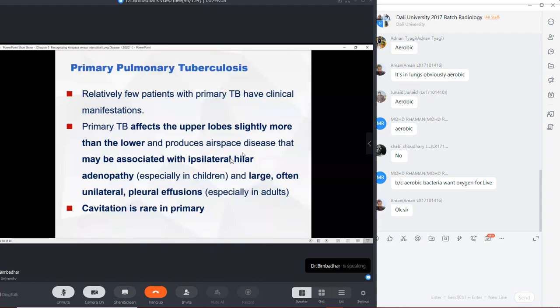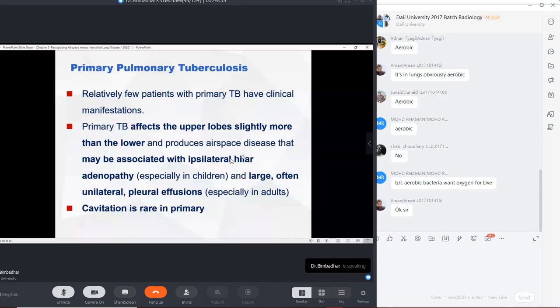Lymphadenopathy is visible on a chest X-ray only if the gland is more than 1.5 centimeters. Always remember, lymph nodes are not seen on a chest X-ray. Only if it is greater than 1.5 centimeters, it starts getting visible on a chest X-ray.